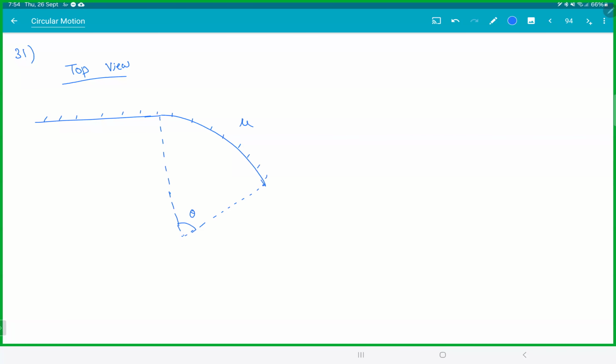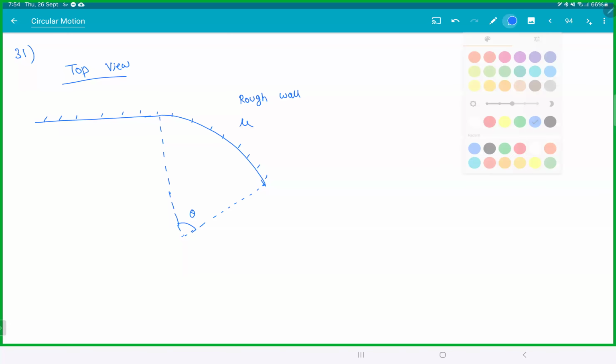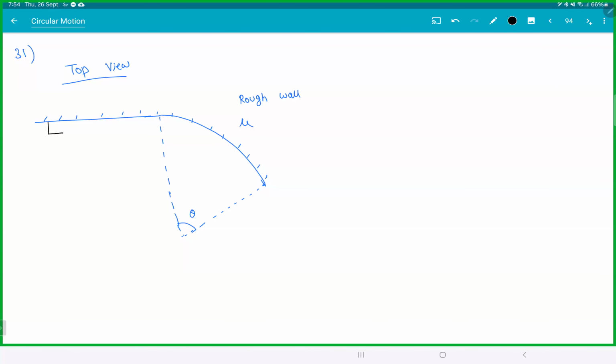This is a mu. This is a rough track. This is a rough wall. So we have a block here of mass m. It's traveling with speed u. It enters this rough track. So basically, while it enters with speed u, then it drags on the wall. And then finally, when it comes out, the speed becomes v.